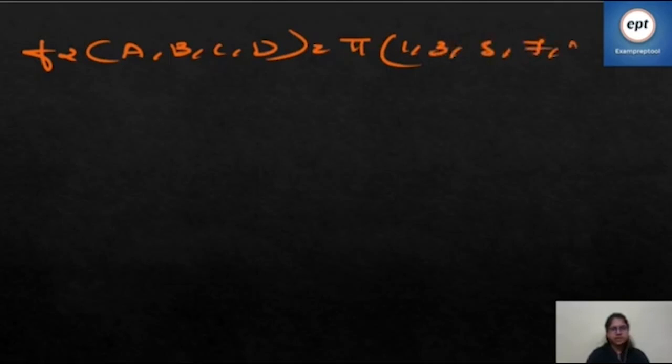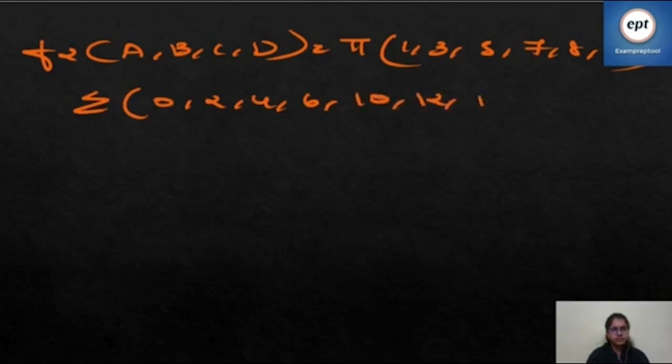It will be a, b, c, d, and the max terms they have given us are 1, 3, 5, 7, 8, 9 and 11. Now let's take out the min terms. What will be the min terms here? It will be 0, 2, 4, 6, 10, 12, 13, 14 and 15. So these will be the min terms.